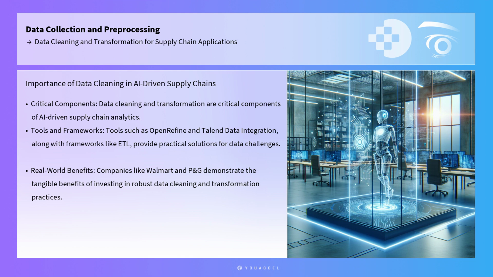Real-world examples from companies like Walmart and P&G demonstrate the tangible benefits of investing in robust data cleaning and transformation practices. As supply chains become increasingly complex and data-driven, the ability to effectively clean and transform data will continue to be a key determinant of success in the industry.